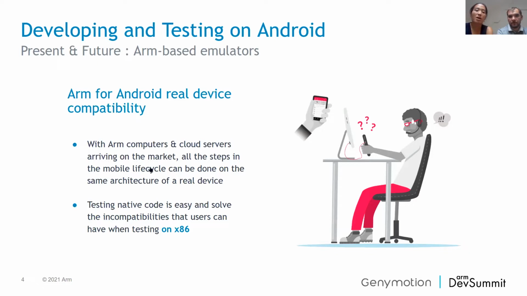And with ARM-based emulators available on ARM cloud servers, we can finally test on the same toolchain and architecture of a real device. You don't need to install ARM translation tools anymore, and testing native code becomes easy and bugs can be found sooner. And all the steps in the mobile lifecycle can now be done on the same architecture of a real device.